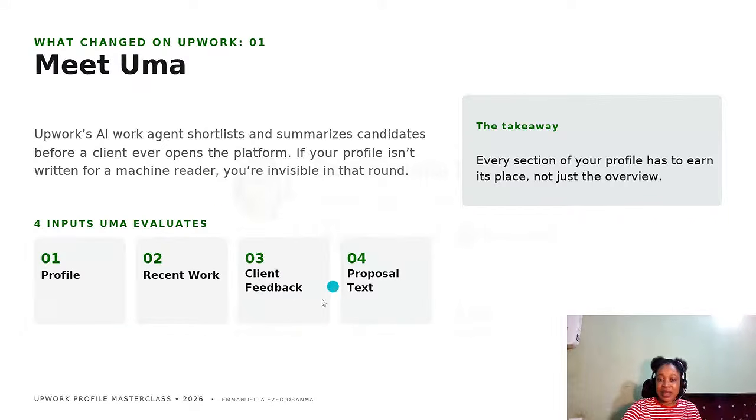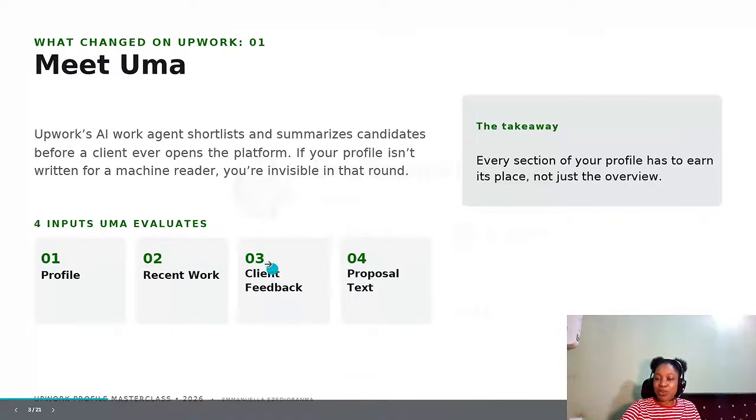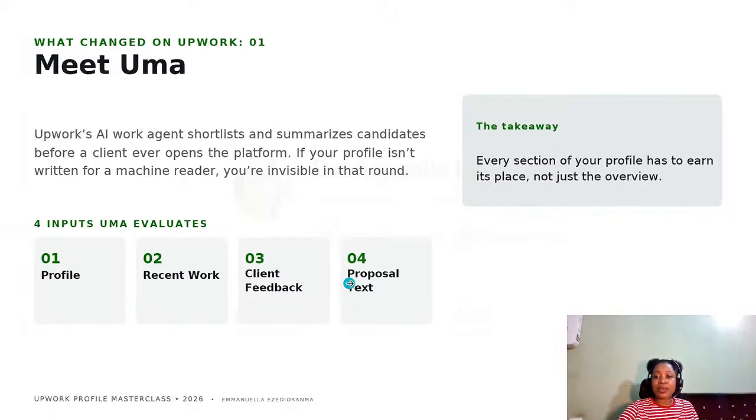What is your job ethic like? And then the next thing is your proposal. Do you understand the job description? What is your proposal saying? Okay. Now, the key takeaway is that every section of your profile has to earn its place. You have to be intentional with every aspect of your profile, and that is the only way it ranks well. We are going to be getting into all that.